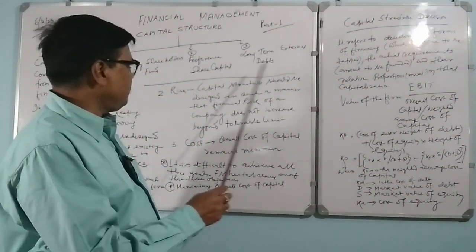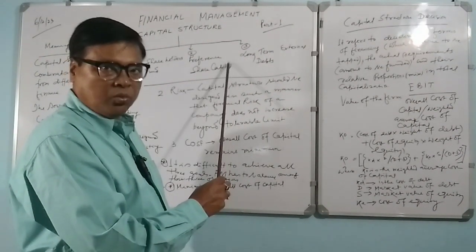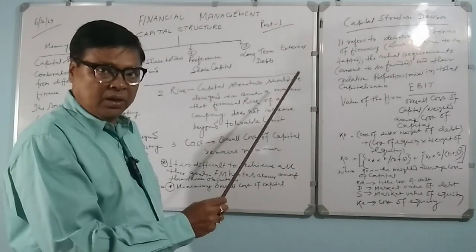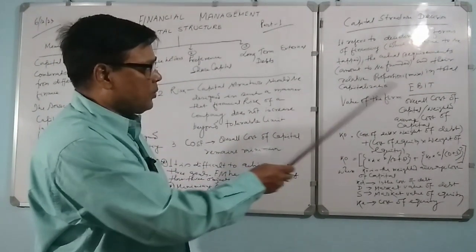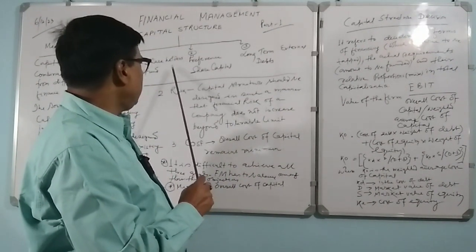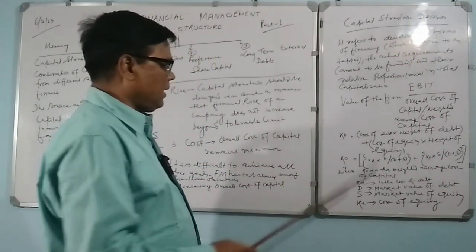That means weight is very important. That means the proportion, so the total funding expenditure depends on it. That's why they are telling that the relative proportions, the capital mix, is the ratio of equity shares to preference shares to long-term debt.